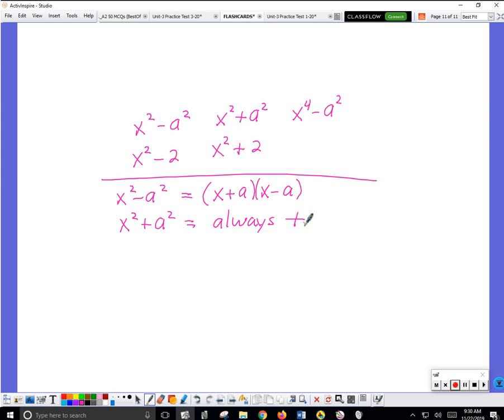These are really common ways the AP test writers try to fool you into an incorrect answer. Some people think this factors, that's how they trick you. This will also factor. Question? This will also factor.